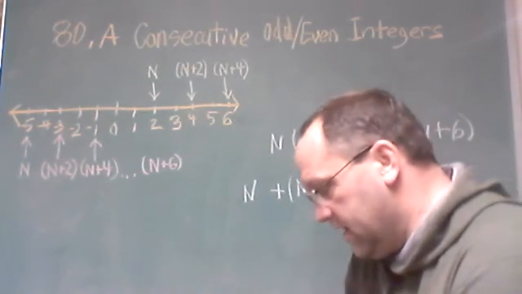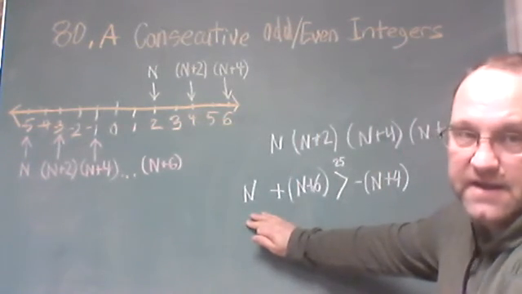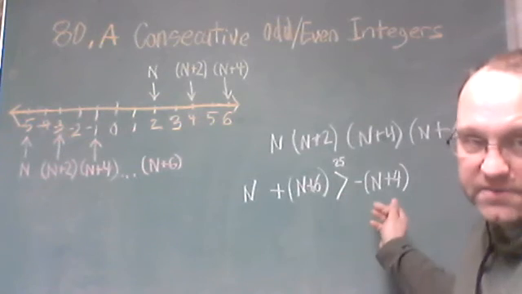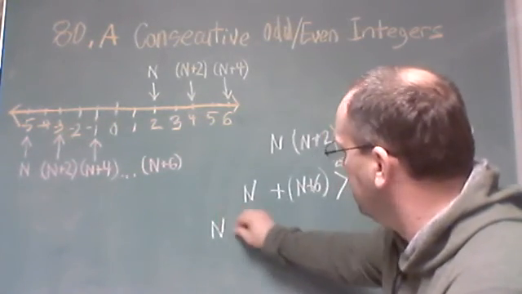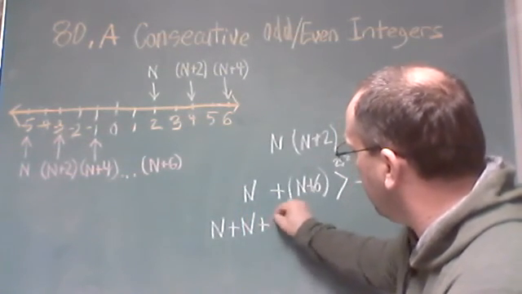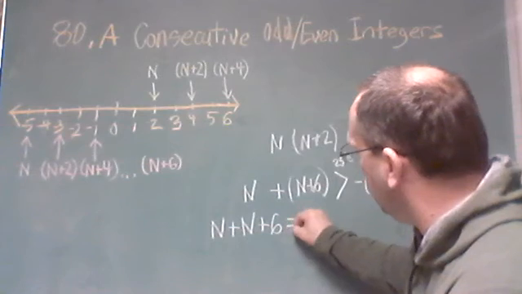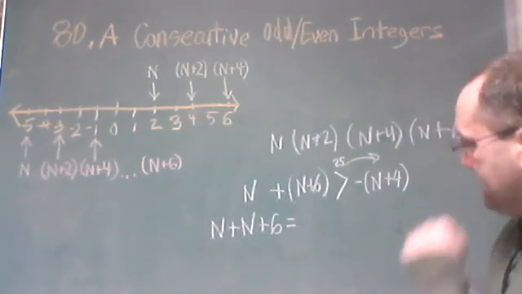Now in your book, they decided to send it to this side, the left side, and subtract it. I'm going to do the opposite. I'm going to send it to the other side and add it. Okay, so I simplify on this side and I introduce my equal sign. Okay, I'm going to send the 25 over here.